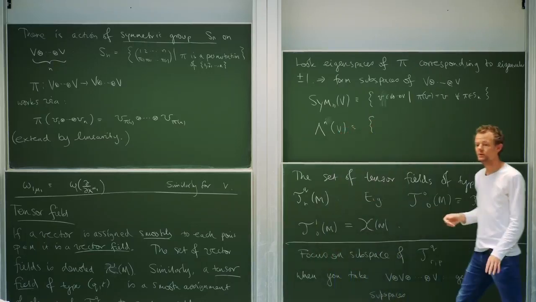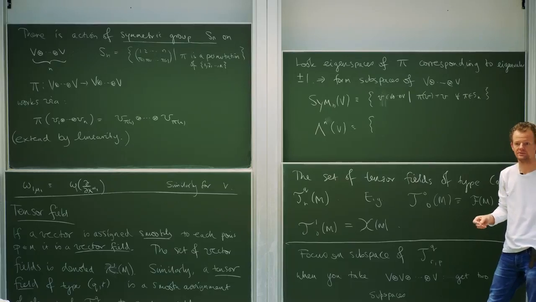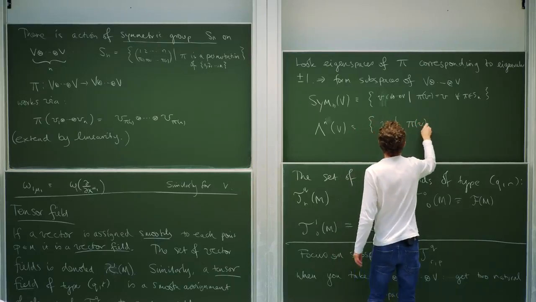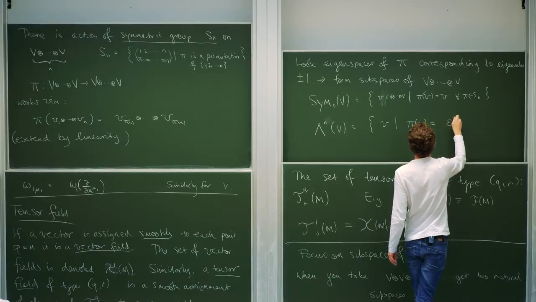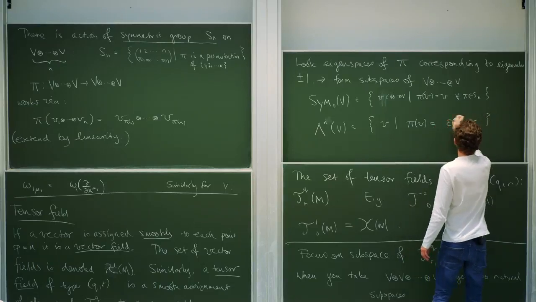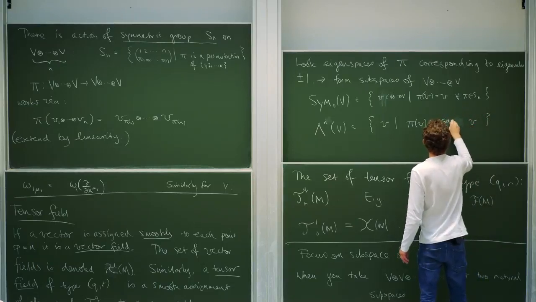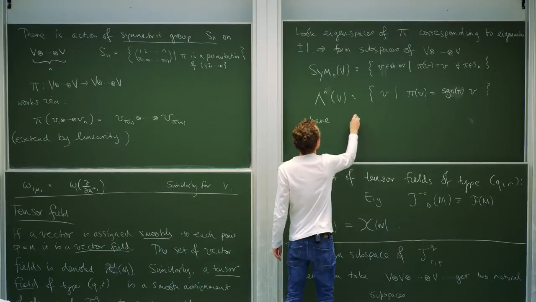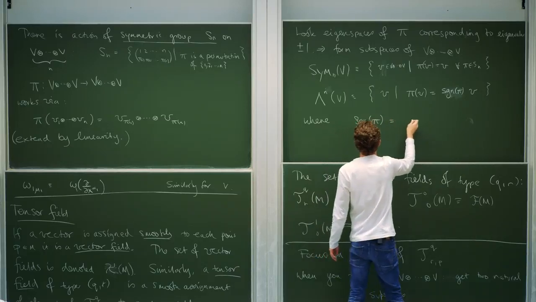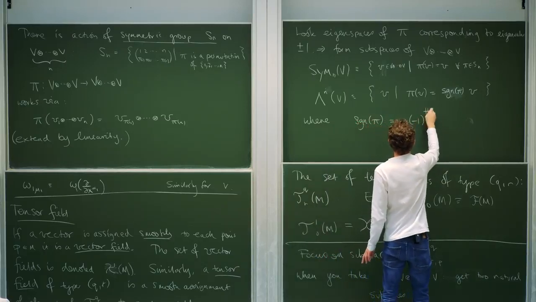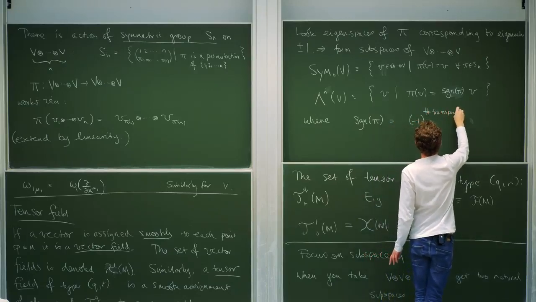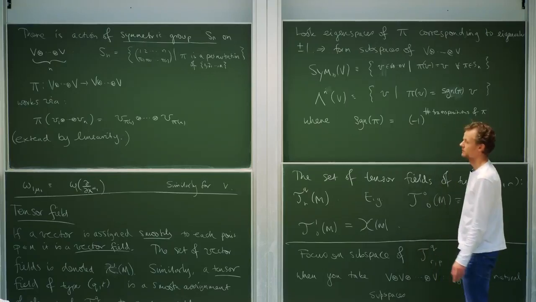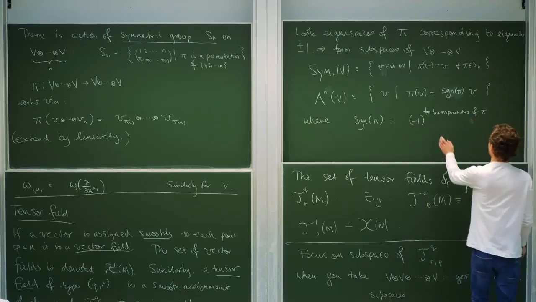That's the set of vectors v which change up to a possible minus 1 sign under the action of permutations. So this sgn means the completely antisymmetric symbol.